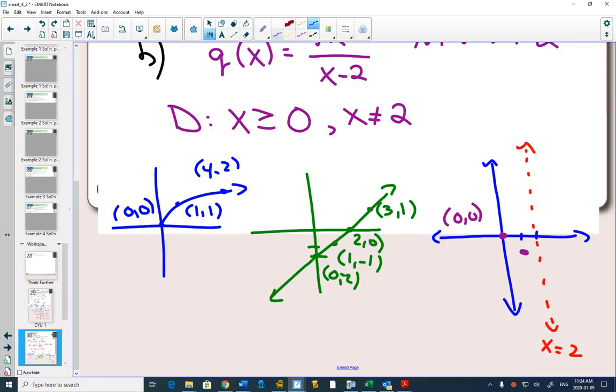I'm not going to plug in 3 because it's not a nice value on my square root, but I'll plug in 4. 4, 2, and 4, 2. So 2 divided by 2, 4, 1. We know that our domain is just when x is bigger than or equal to 0. Are you okay with this part going here?